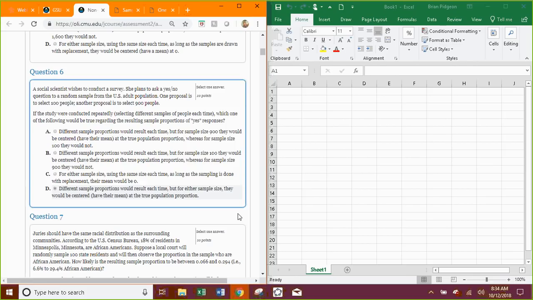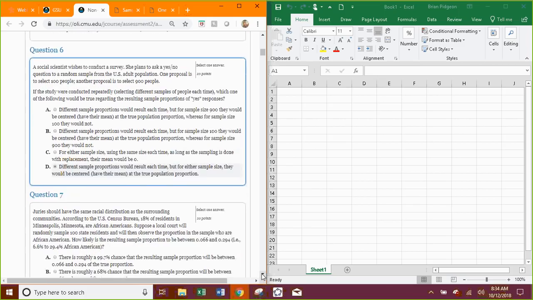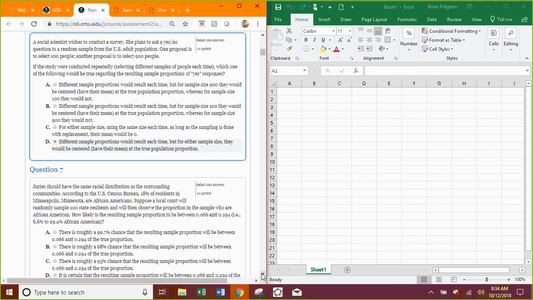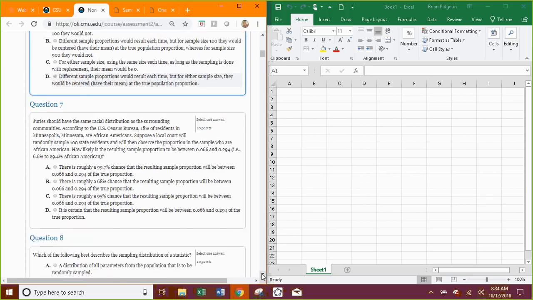Different sample proportions would result each time, but for either sample size, they would be centered at the true population proportion.